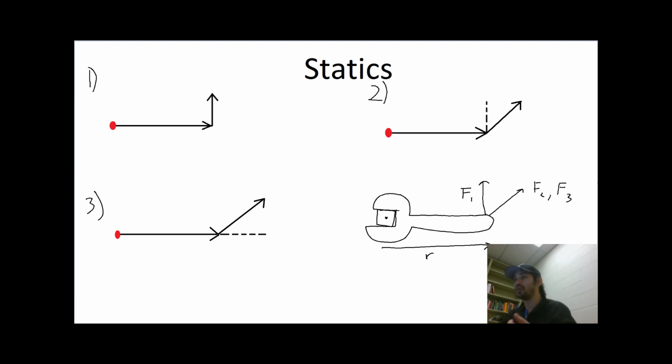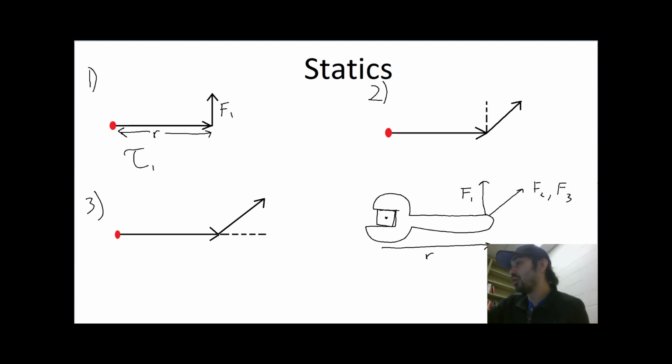So let's look at case 1. We can label this r, the distance from the point of rotation to the force, and then we have this force that I'm calling F1. And so the question is, what is torque 1?